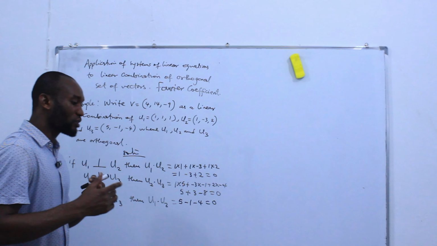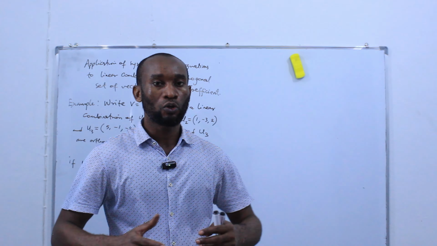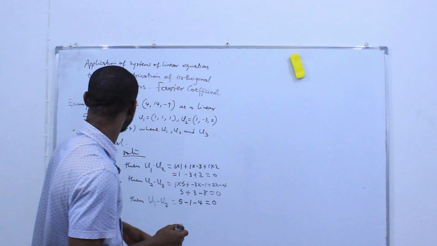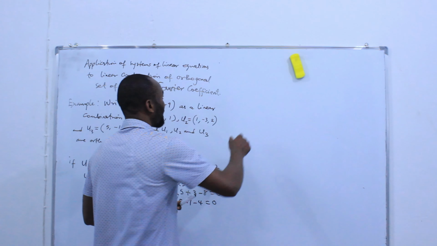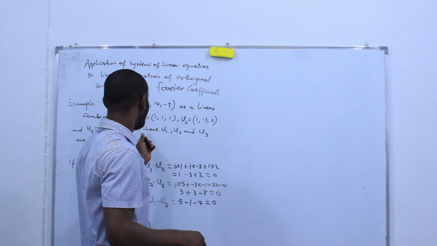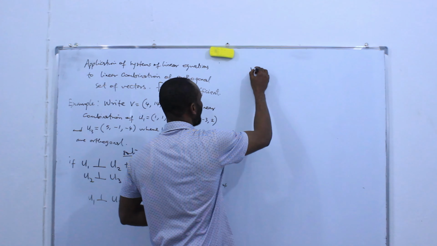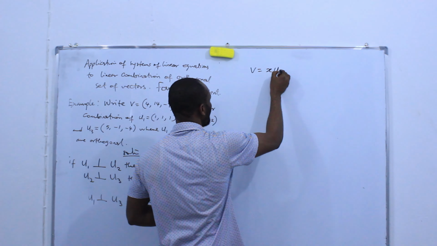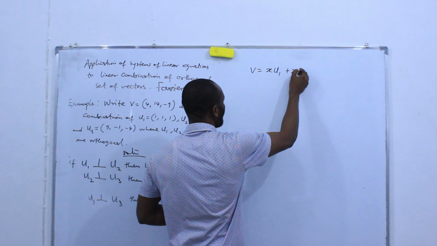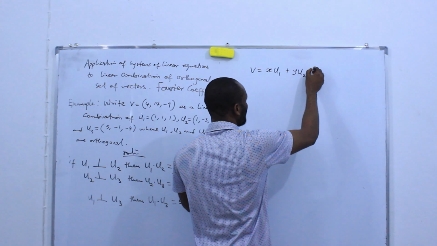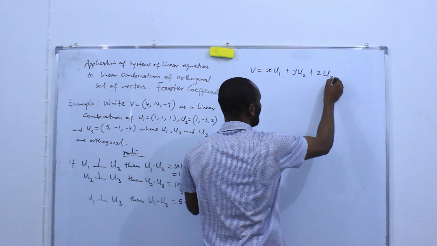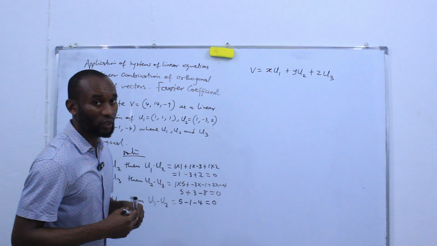So what trick are we going to use to write v as a linear combination of these vectors? Remember that if v is a linear combination of these, it can be written as v equals x u1 plus y u2 plus z u3. Okay?